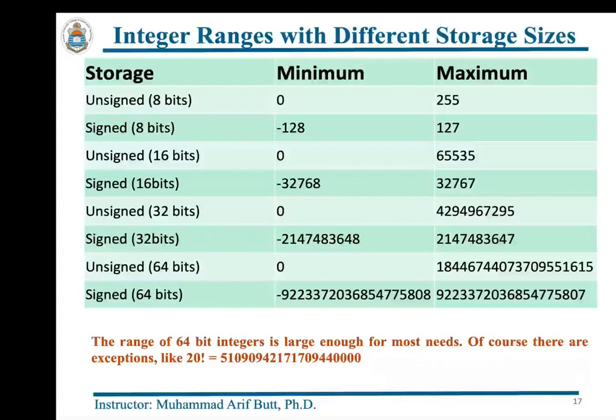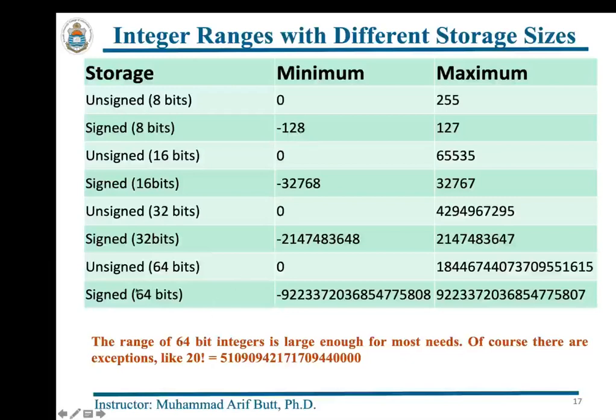Okay, so this slide shows the ranges for unsigned and signed numbers using 2's complement representation for different storage sizes. You can note for the signed ranges, there is one extra negative number, since there is no encoding for -0, and in 2's complement we have an additional negative number inside the range.